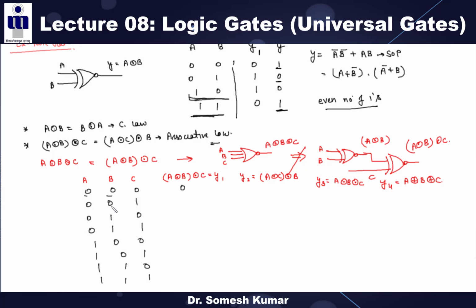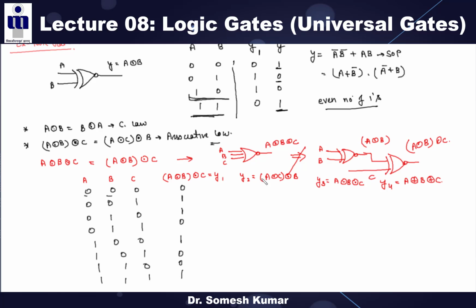Similarly here A XNOR B, both are same, then 1, then 1 XNOR 1 is 1. Right. So similarly you can write down the full output of this.